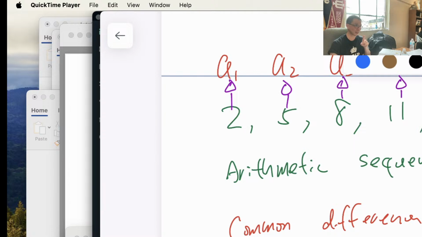The first tree doesn't start at 0. The first tree starts at 2. So what if n is equal to 183? That means I'm asking what A of 183 is equal to.